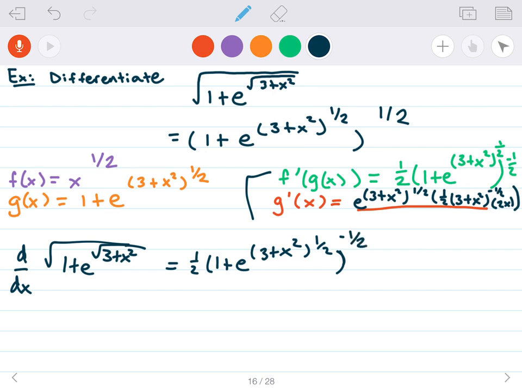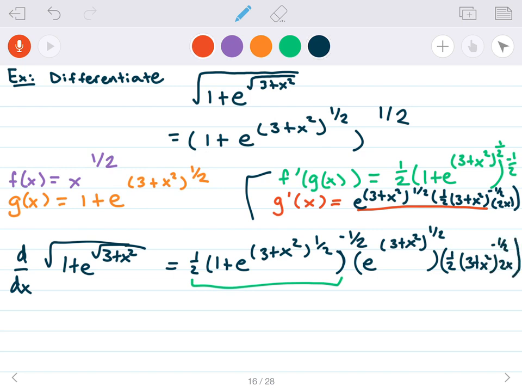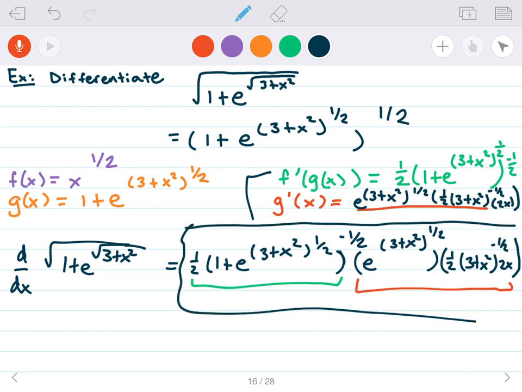So that's the green part. And then my red part is going to be e to the 3 plus x squared to the 1/2 times 1/2 times 3 plus x squared to the negative 1/2 times 2x. So this is my red. And this is my final answer. And yes, this is a lot. But this is about as hard as it's going to get.